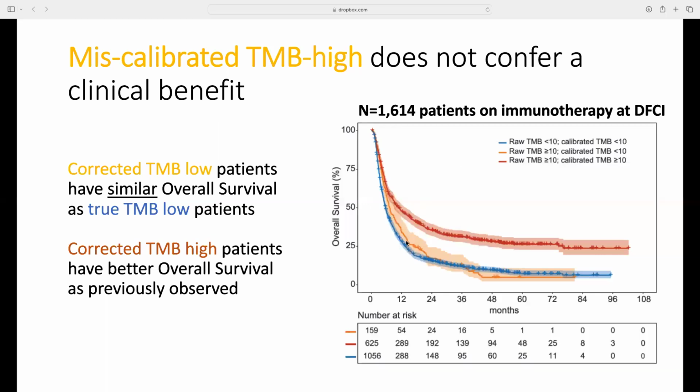And you can see that these individuals have significantly worse survival outcomes than the individuals that remained TMB high, so that did not have false positives in their estimate. And in fact, this orange curve is pretty much no different than the blue true TMB low individuals. Again, this is a cohort of 1,600 patients who all received immune checkpoint inhibitors.